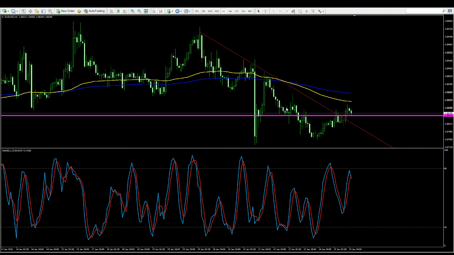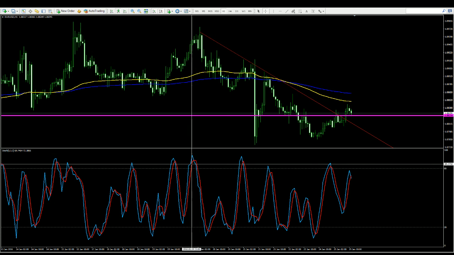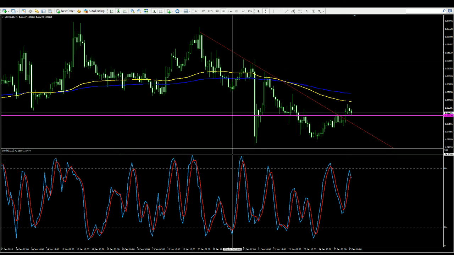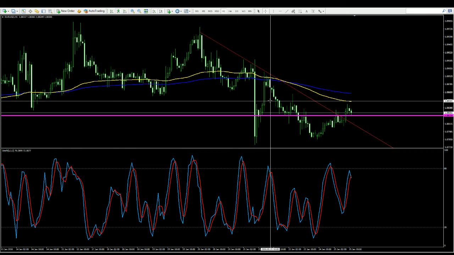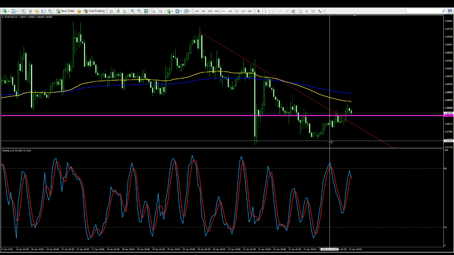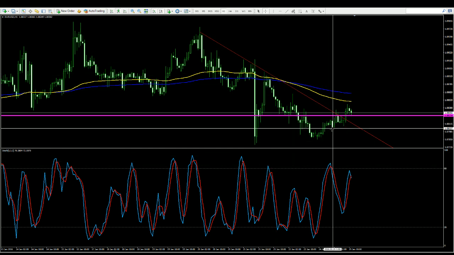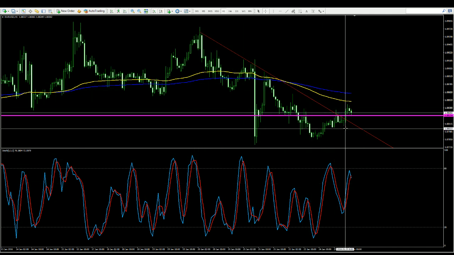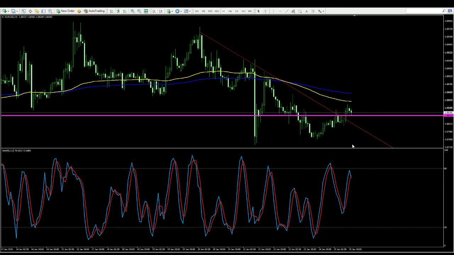If you look at these tops that touch the line, the first touch is an overbought area on the stochastic, and the next one here was also overbought, and again here overbought, and here also overbought. So what does this tell you? It tells you that the price is trending down because the stochastic is getting overbought at lower and lower price levels. So that's something the stochastic oscillator teaches us.